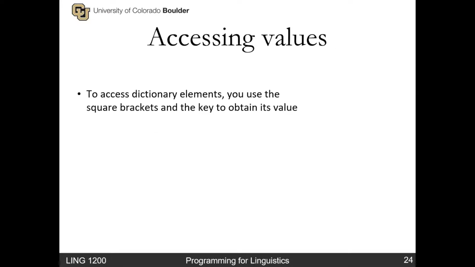So if we want to access a value in a dictionary, it's very similar to what we do in a list. We're going to use that square bracket notation, but instead of using the index, we're going to use the key to obtain the value.